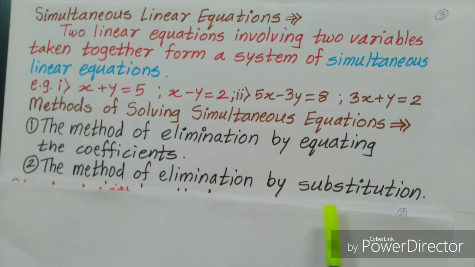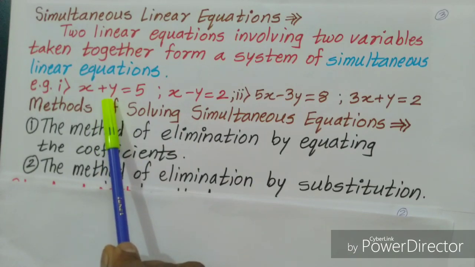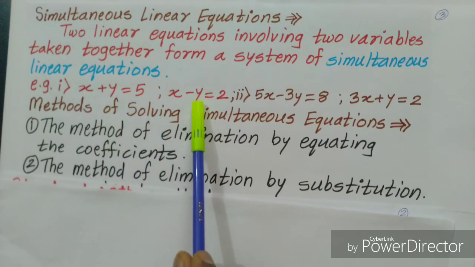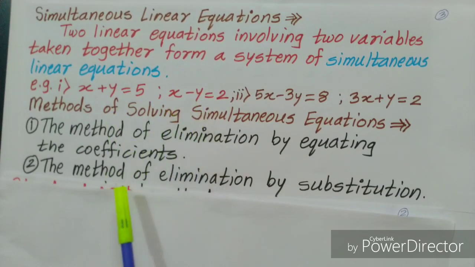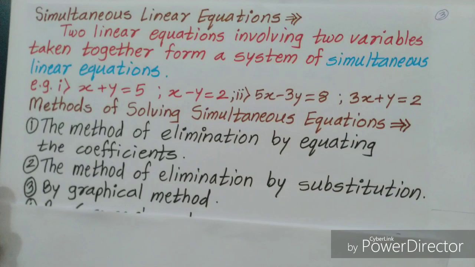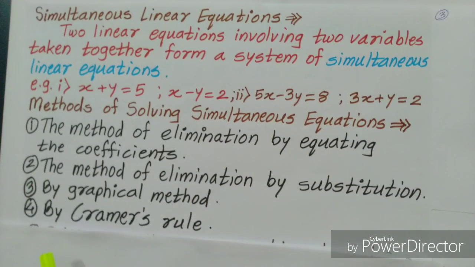Next method, substitution. In the first equation, y is equal to 5 minus x; substitute that value of y in the second equation and find the value of x and y. Third method, graphical method, and next method is Cramer's rule.